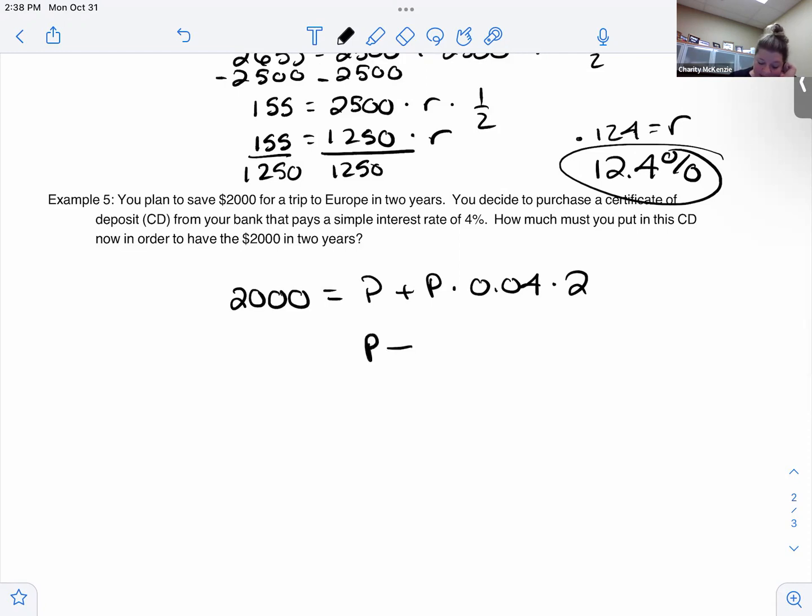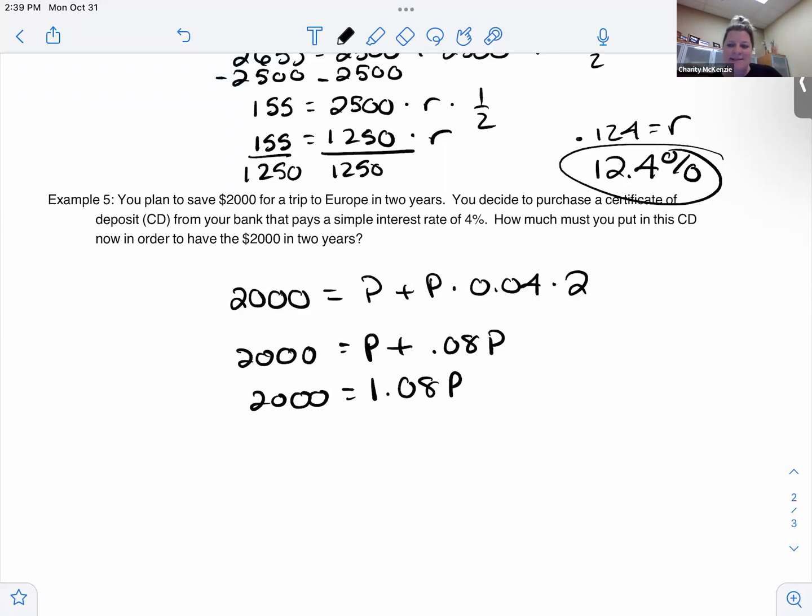So I have P plus 0.08P equals 2,000. Okay, what is 1P plus 0.08? You would have 1.08 P's equals 2,000. And really, didn't we want 1 whole plus 0.08? Yeah, that's where 1.08 comes in.